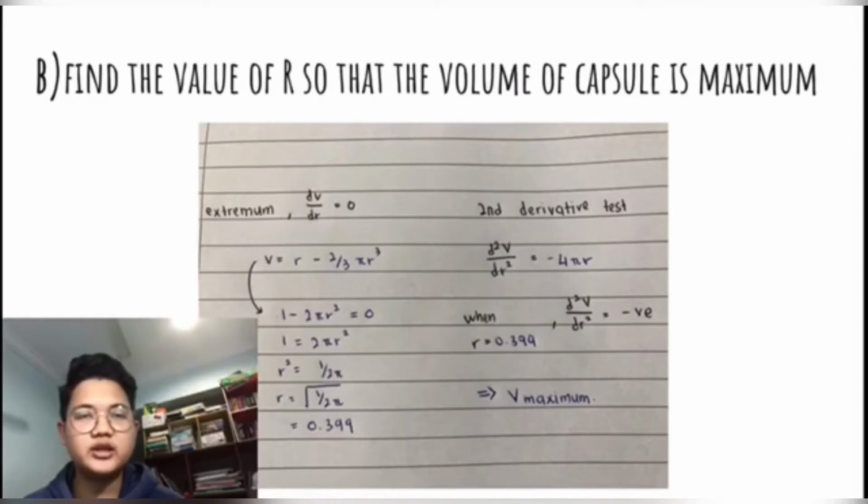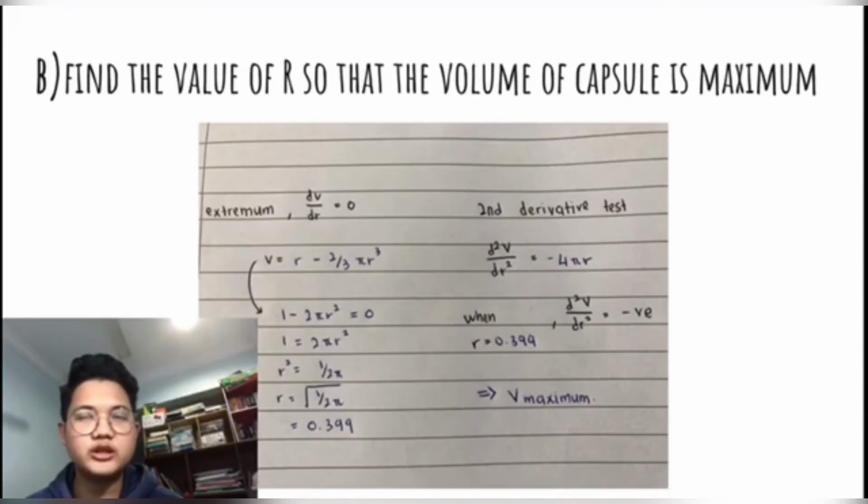We find the value of r, which is 0.399. We also have to use a second derivative test to make sure that the value that we find is a maximum value, the maximum volume of the capsule being filled. So we differentiate again the equation, which is 1 minus 2 pi r squared.